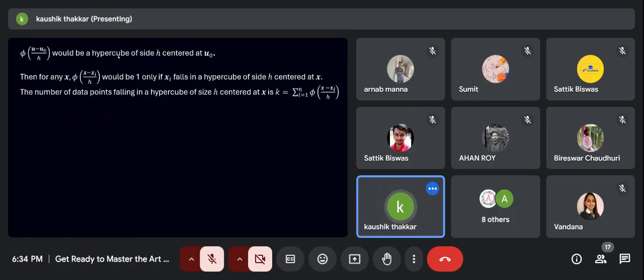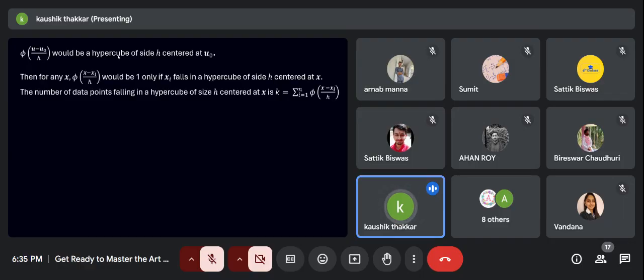Now for any data point x, phi of (x minus xi) upon h would be 1 if xi falls in a hypercube of side h centered at x, right? This would be 1 if the point xi falls inside the hypercube where the side length is h and which is centered around x, right?